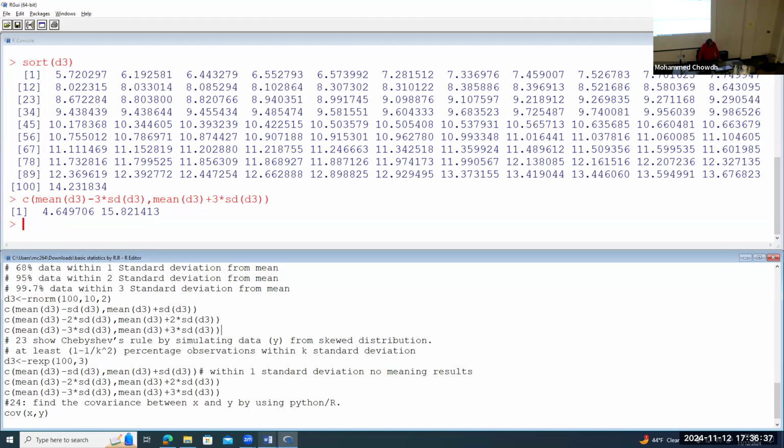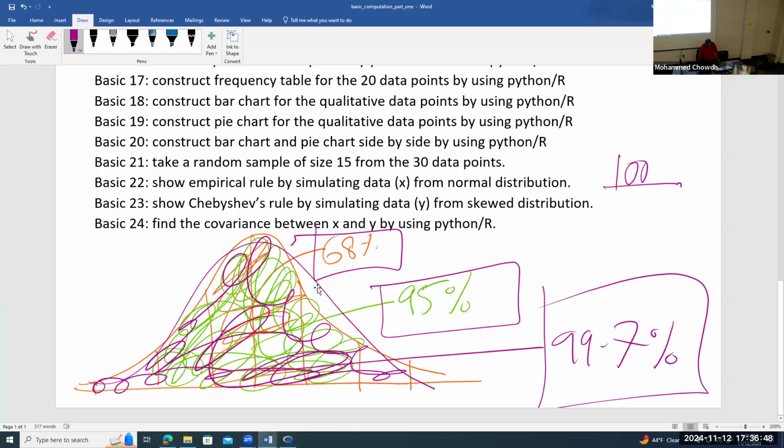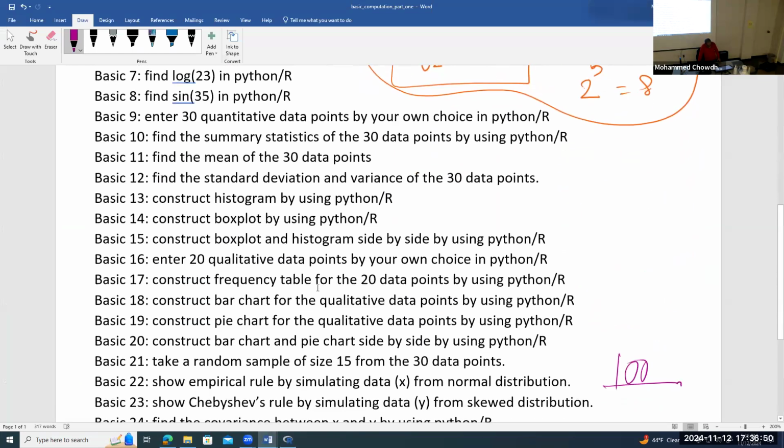Okay. So now next one is the Chebyshev rule, right? If data does not follow a normal distribution, instead data follows like this, skewed to the right or skewed to the left.